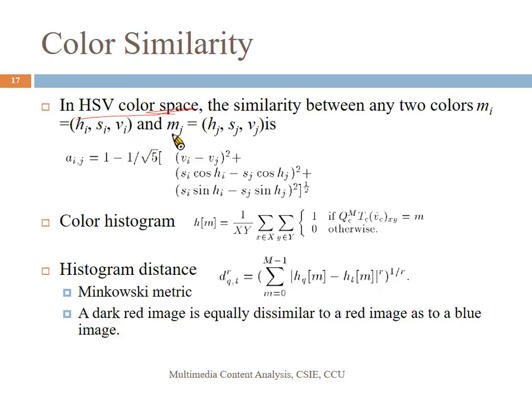Here is one way to calculate the similarity between these two colors. It's basically the distance between value, the distance between hue, and with linear weight by the saturation. So this is one way to calculate the similarity.